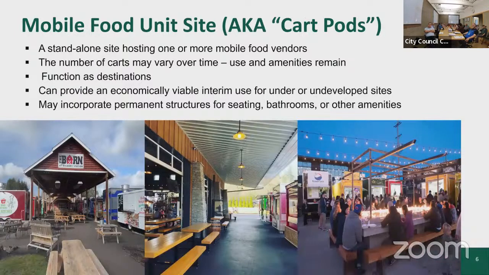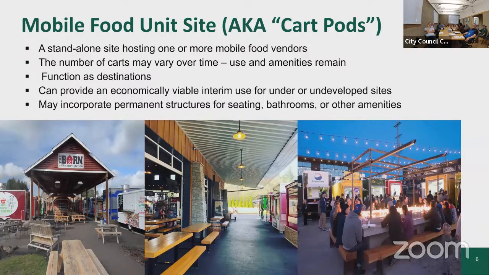And then the last here are those cart pods that we talked about, those destination spots. So you have a number of carts located within a food venue. These pods can provide different amenities, like an accessory building that serves beer and wine, seating, and bathroom facilities as well.